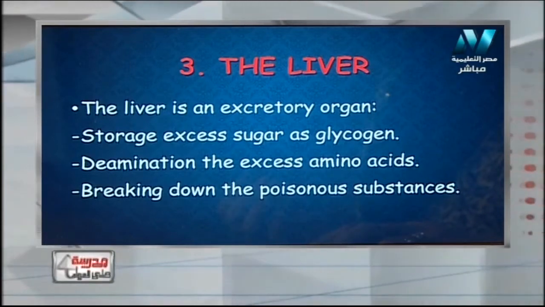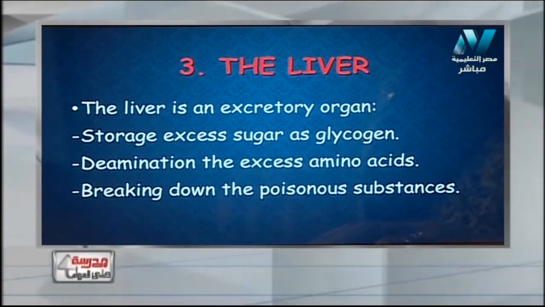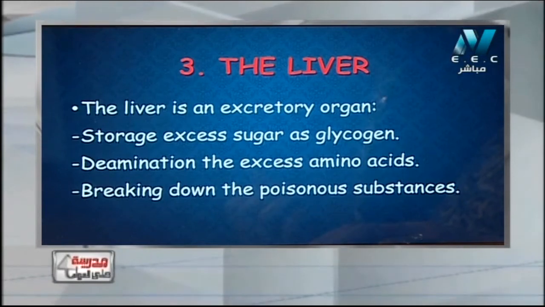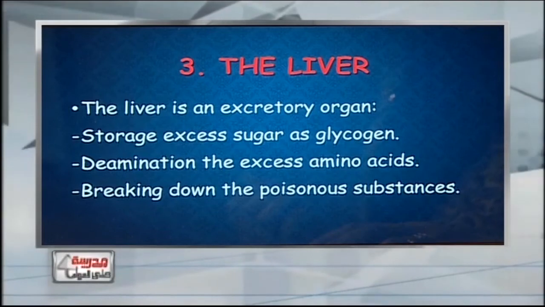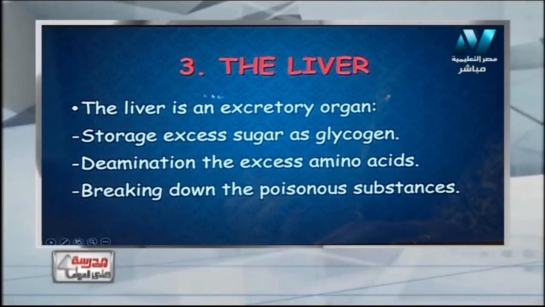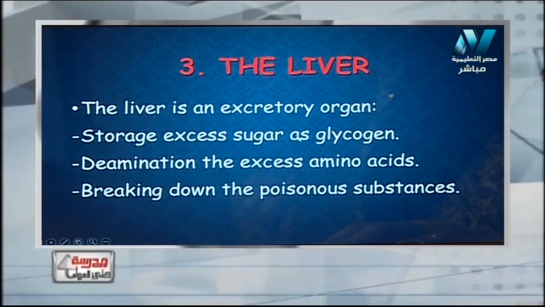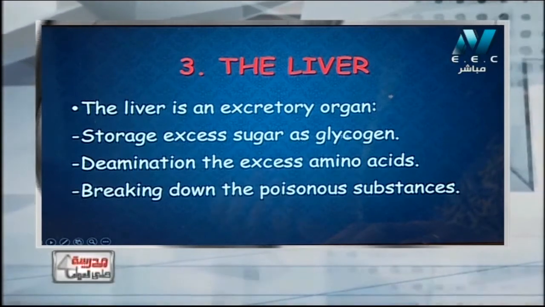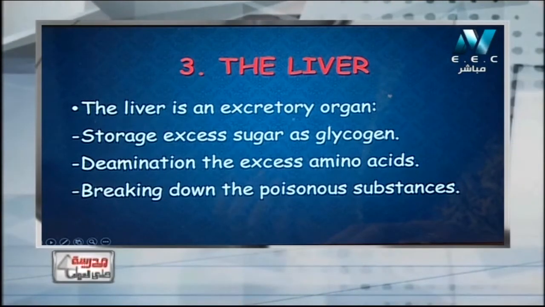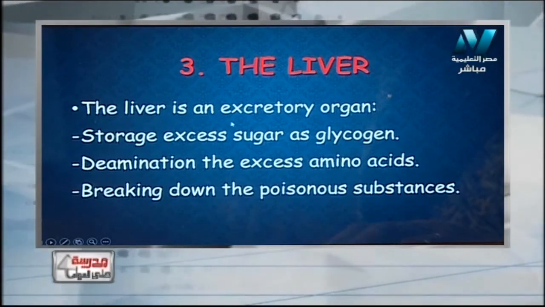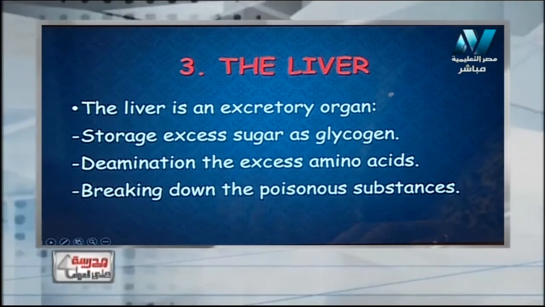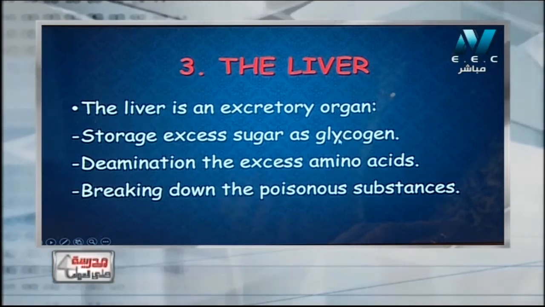What are these things? The liver takes the excess amount of carbohydrates in the form of sugars, actually glucose, and stores it in another form of carbohydrates called glycogen. The excess glucose is stored in the form of glycogen.